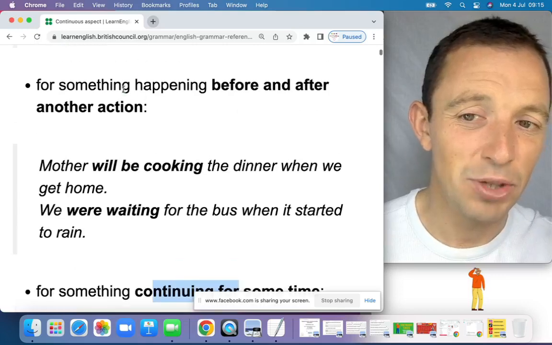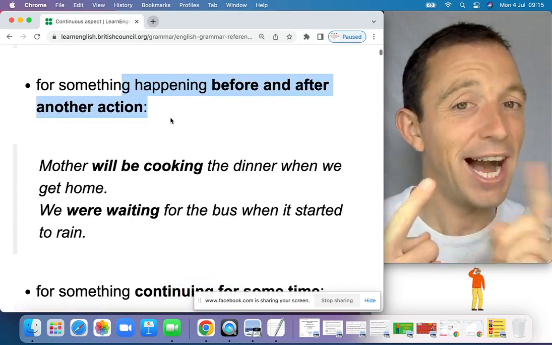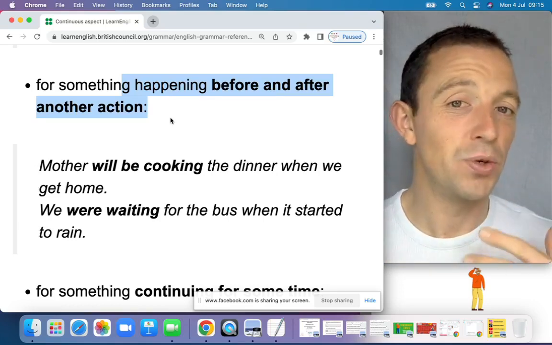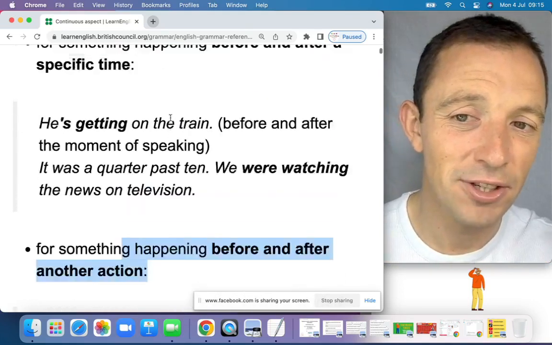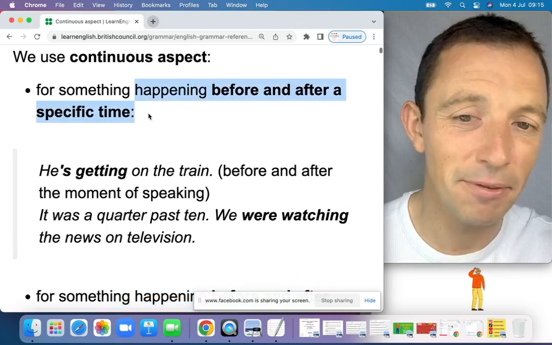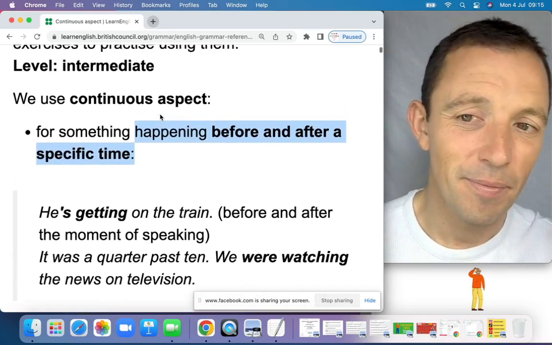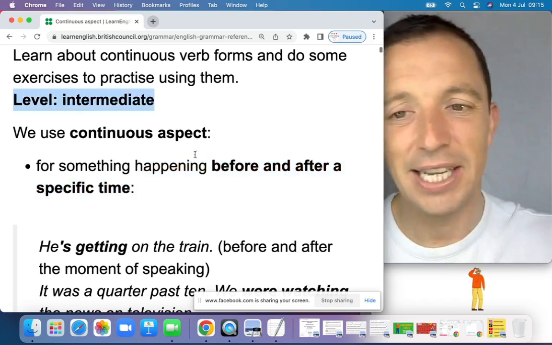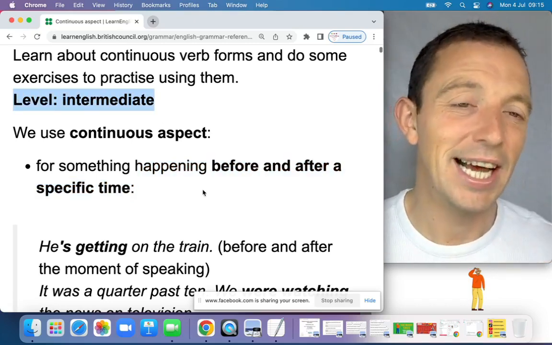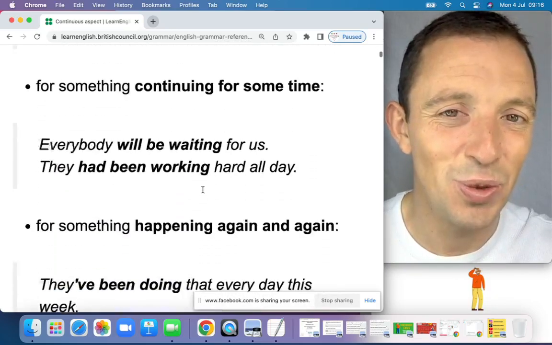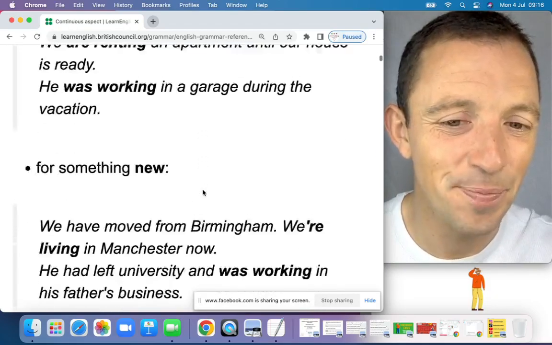And to describe something happening before or after another action is also a use of the continuous. And the first description is for something happening before and after a specific time. Okay, and that is intermediate level, more or less, and that is all the theory related to the continuous.